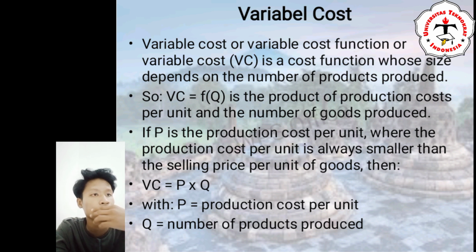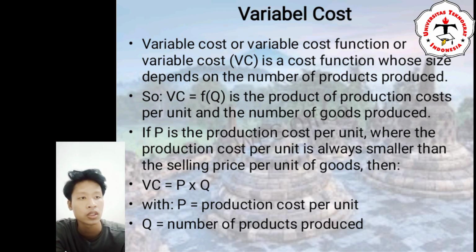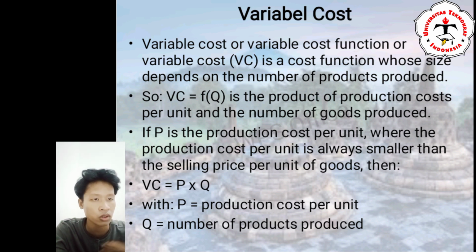If P is the production cost per unit, where the production cost per unit is always smaller than the selling price per unit of a good, then VC equals P times Q, with P equals production cost per unit, Q is the number of products produced.